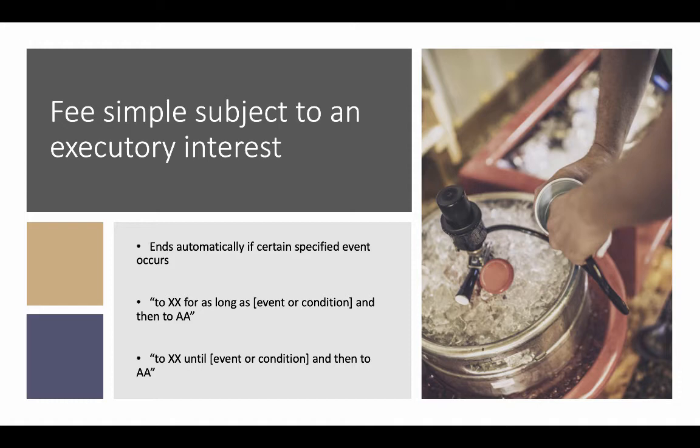So he gives the house to Sam and says he's giving it to Sam so long as beer is not consumed on the premises, and then to Thomas. And by doing this, Sam has a fee simple determinable, but because it's going to a third party, we're going to call it a fee simple subject to an executory interest. And Thomas has that executory interest.